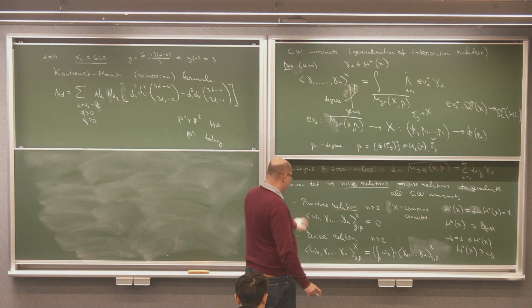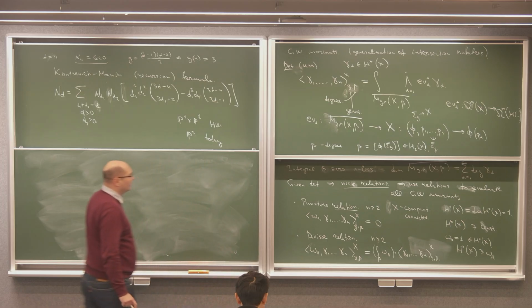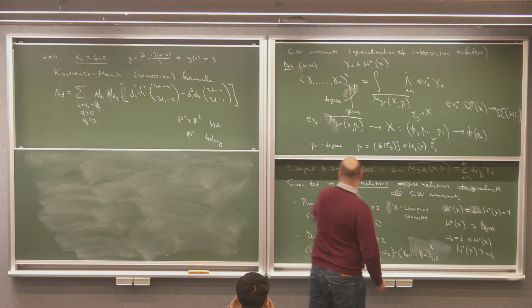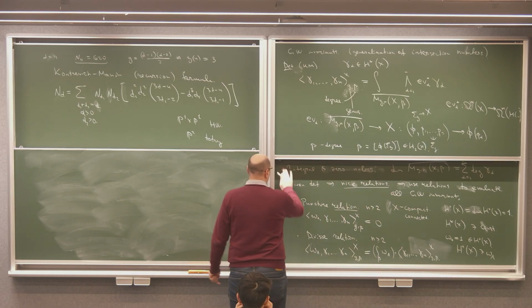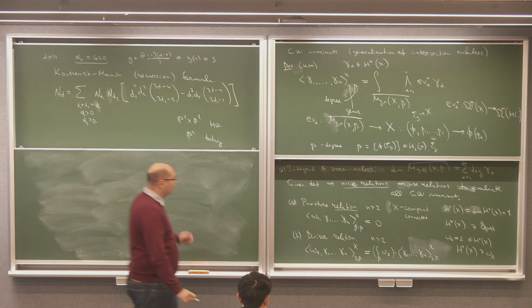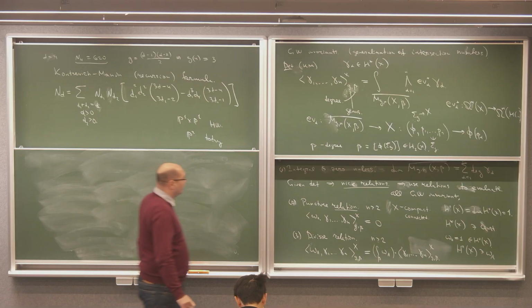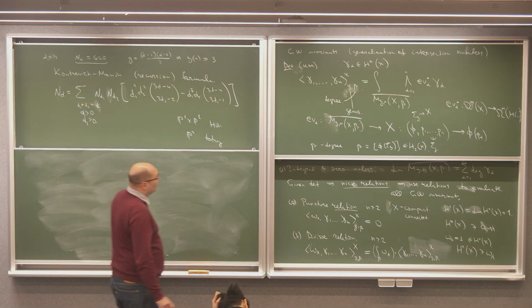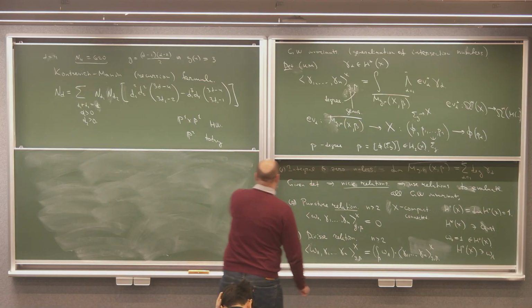So first, let us apply this puncture, divisor relation and degree selection. Let me label them 1, 2, and 3. So let us apply these relations to see what kind of Gromov-Witten invariants we have on P2.